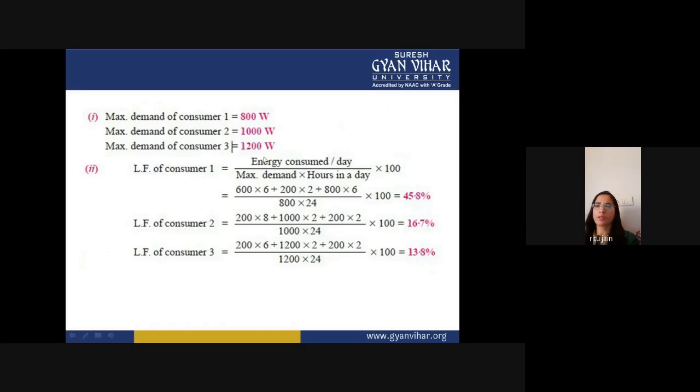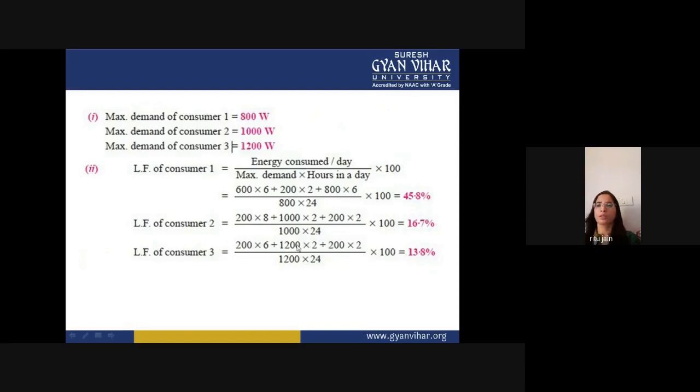Actually this is the formula of average load. Okay, average load is divided by your peak load. So you can calculate the average load by this formula, which is divided by maximum demand.